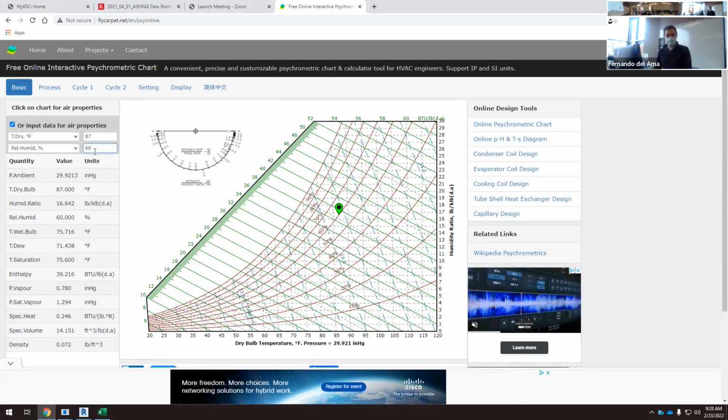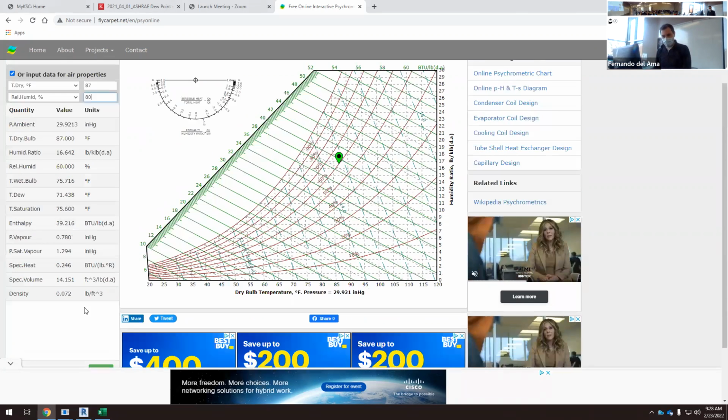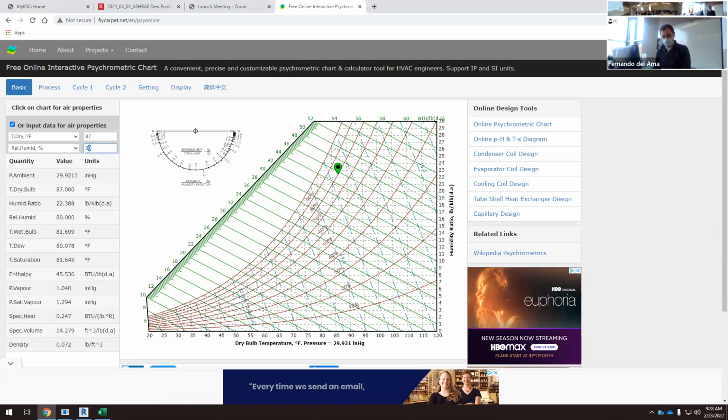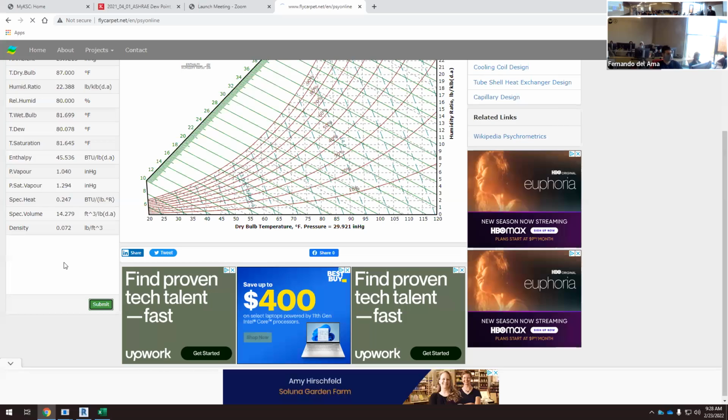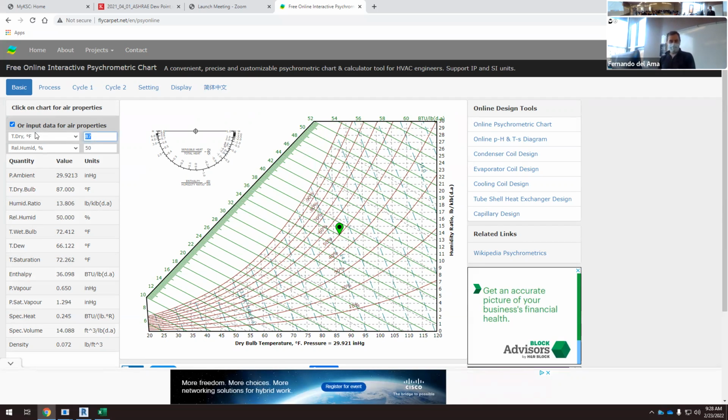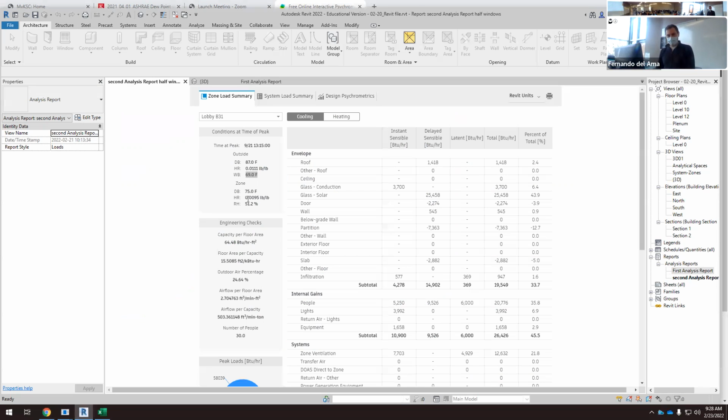Probably it's because of the relative humidity. Let me check. Okay, if we have 87 dry bulb temperature and the relative humidity is 50%, the wet bulb is 72. In Revit it is 69. Okay, we're getting there.